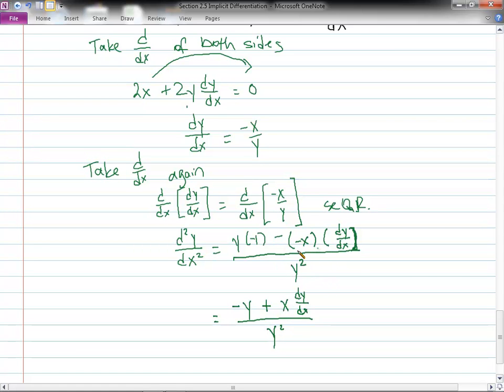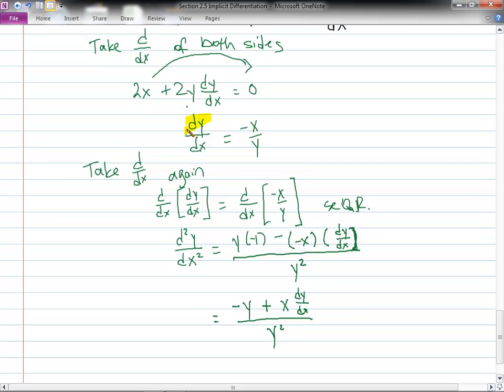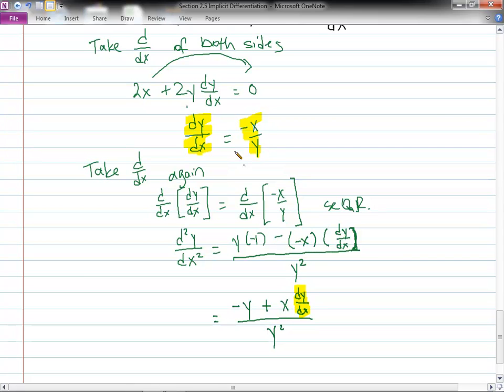Now I just simplified a little bit there, but there's one more thing I can do, and it comes from the fact that I know that dy/dx is negative x over y, which means I don't leave that in there. I replace it or substitute it with what it is. There'd be no reason to leave dy/dx in there because I know what it is in terms of x and y. So this now looks like negative y plus x times negative x over y, all over y squared.